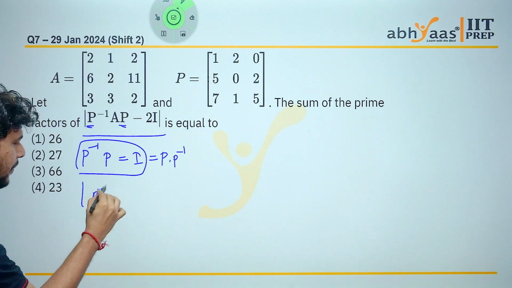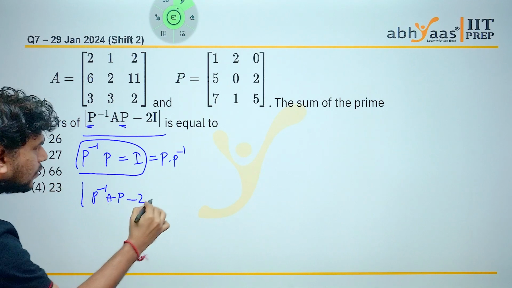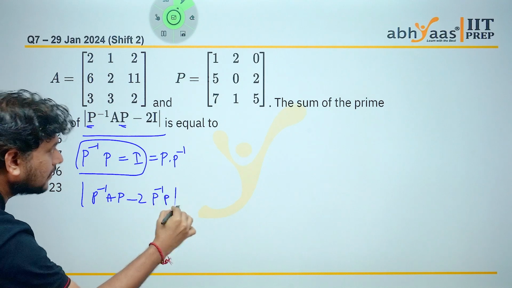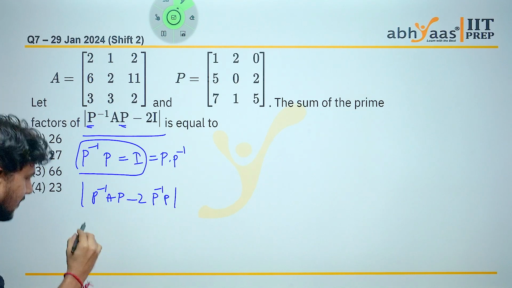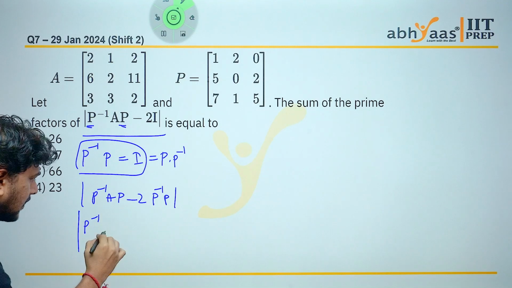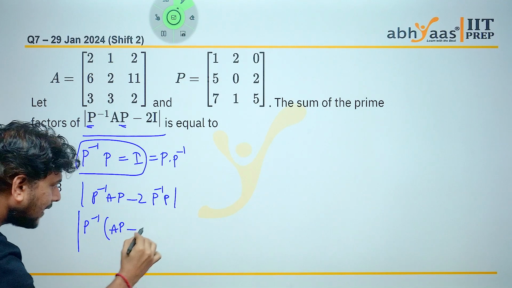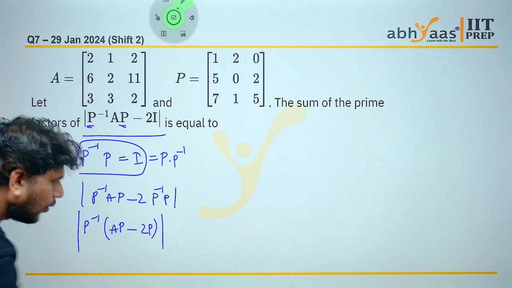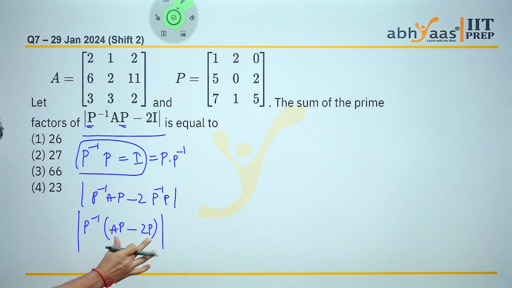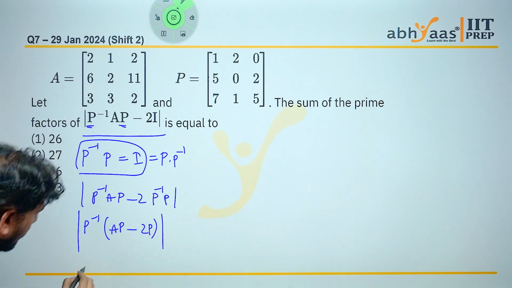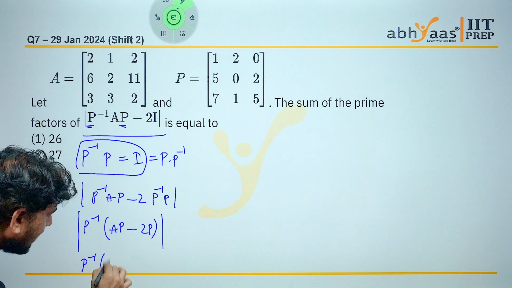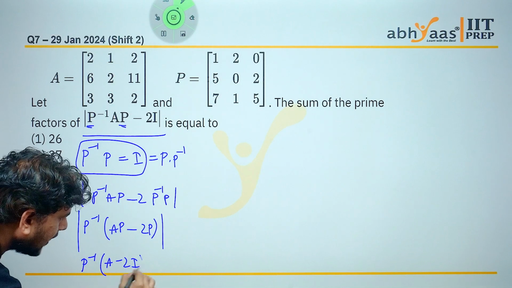So mod of (P inverse A P minus 2 P inverse P). Taking P inverse common, A P minus 2P mod. We can take P also common here. So that will be A minus 2I.